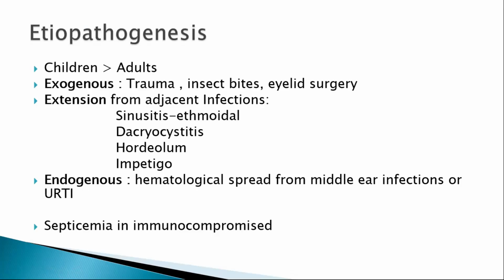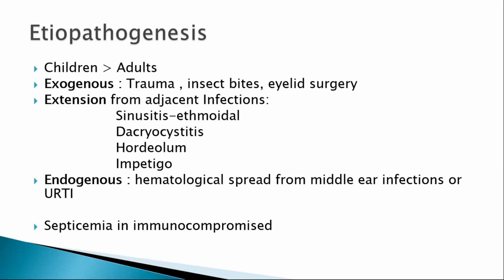Its etiopathogenesis could be exogenous, extension from adjacent infections, or endogenous. Exogenous most commonly is trauma, insect bite, or any eyelid surgery. Extension from adjacent infections of the face: facial veins are valveless, so spread of infections from contiguous sites could easily occur.